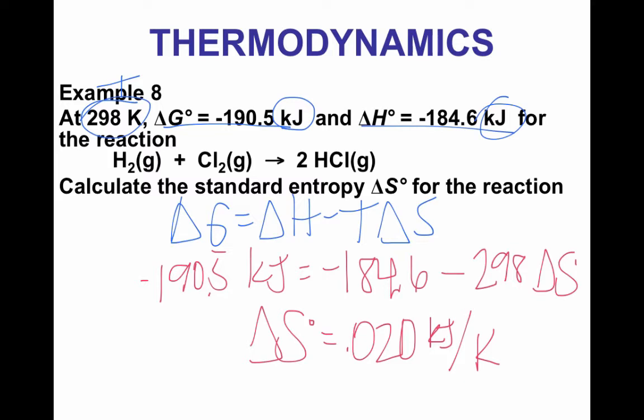But typically, entropy is given in joules per Kelvin, so we would just need to multiply that by 1,000 to get 20 joules per Kelvin. So again, another example of using your delta G equals delta H minus T delta S. Again, lay everything out that you have to figure out what equation you'll use.